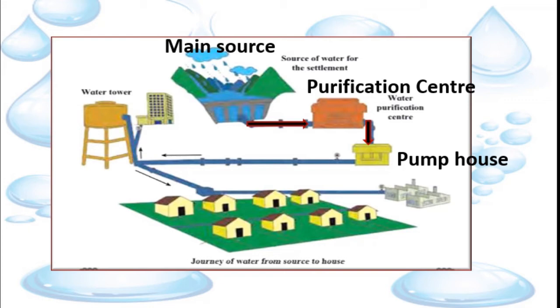Here we store the water and afterwards this water is supplied to different areas through the pipelines, and because of gravity, the water runs downwards. See this, the pipelines, and from this all the areas in the cities get water.